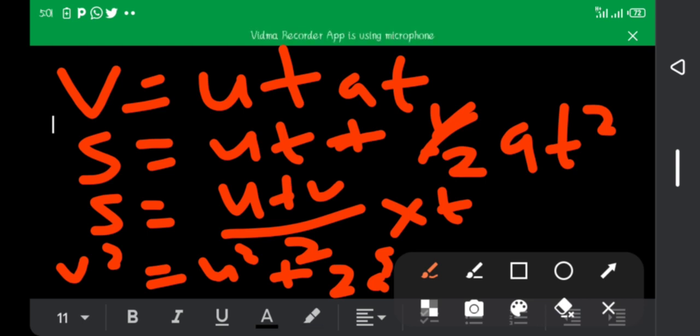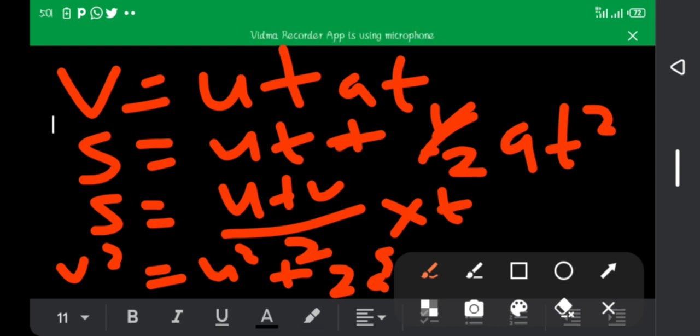For example, for the first one, the formula for calculating acceleration is v minus u all over t. So when you make v the subject of the formula, you're going to get u plus at.